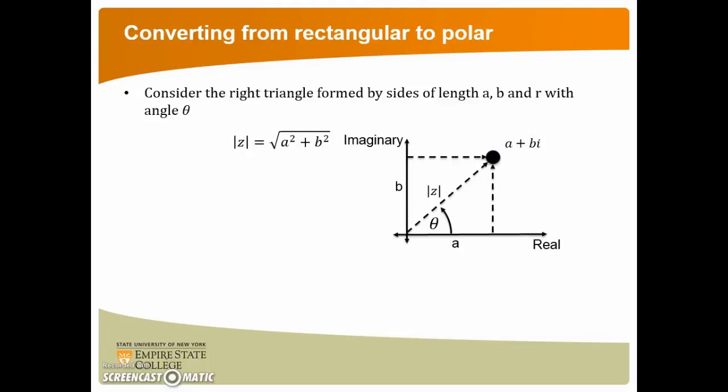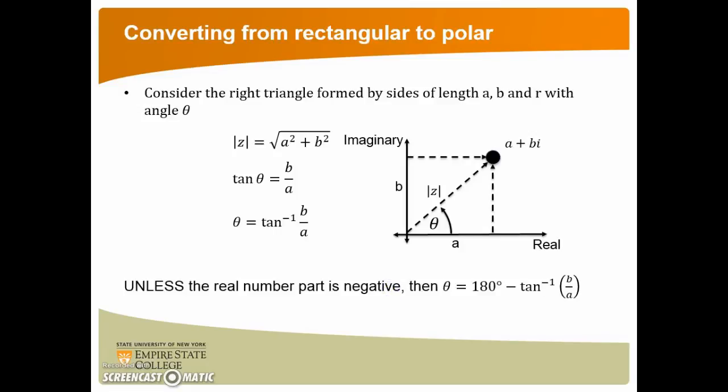So we have the absolute value of z equals the square root of the quantity a squared plus b squared. The tangent of theta is equal to the ratio of b over a. So theta equals the inverse tangent of that ratio. As with Cartesian points, if the real part is negative, we add 180 degrees to that inverse tangent.